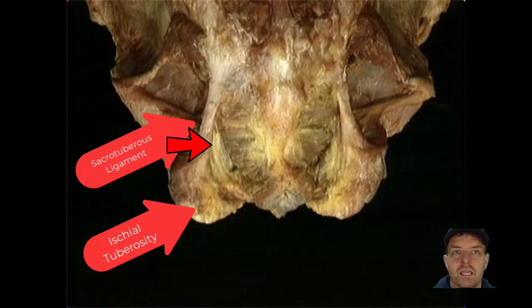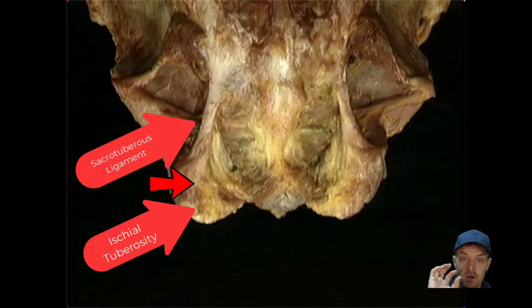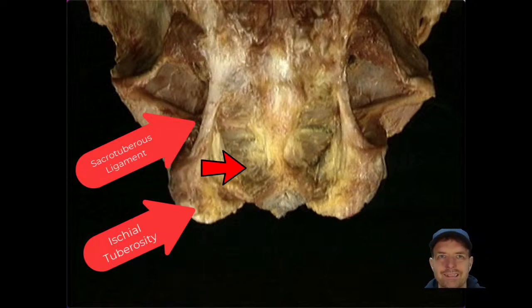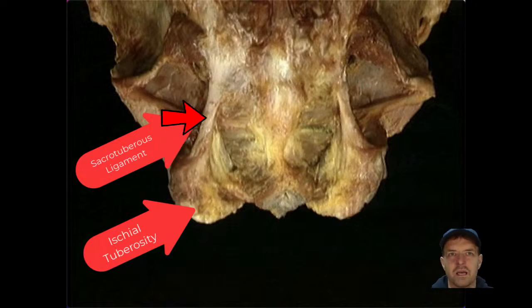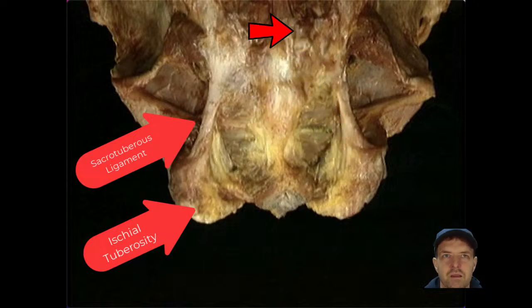What we've got here is a posterior view of the pelvic floor, and the previous video that we saw didn't have any of this stuff. Remember, everything was open and it was that circle. There's your sacrotuberous ligament, your ischial tuberosity, and then your coccyx and sacrum at the top there.